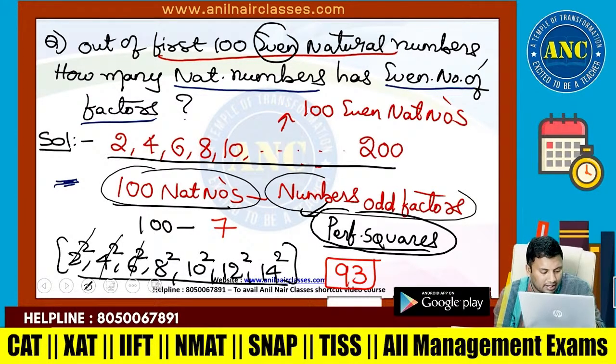These are deleted. What is remaining? 4 is deleted, so 6 is a possibility. Out of 100, 7 are deleted. 100 minus 7 is 93.